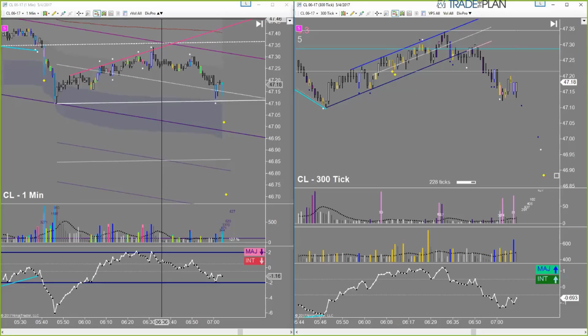Or the other situation where volume comes in and price falls short of hitting the two areas. Yeah, if it falls short, I typically just don't take it.